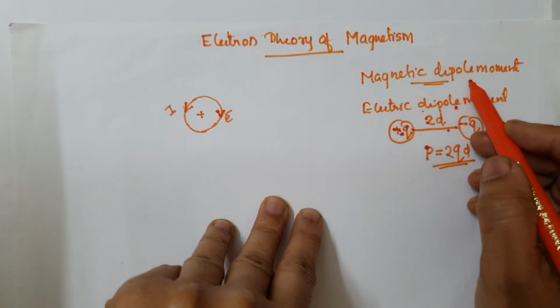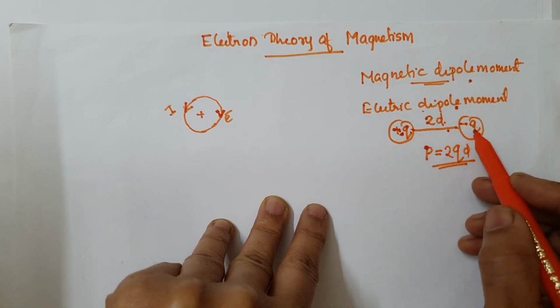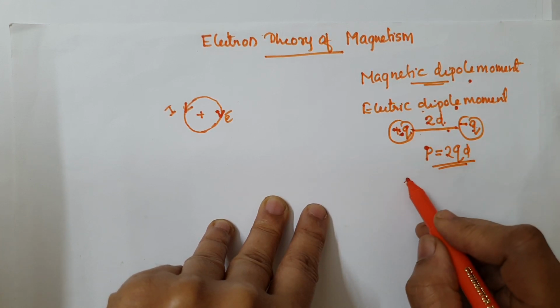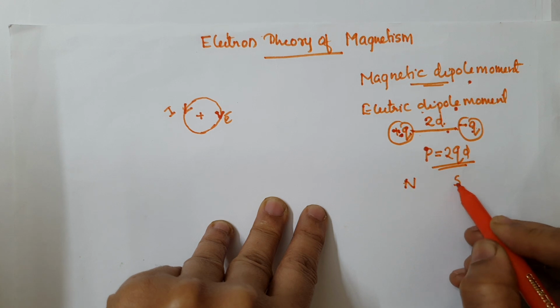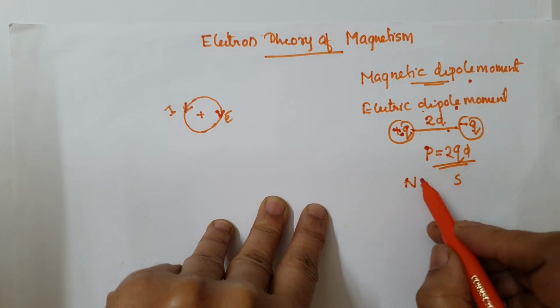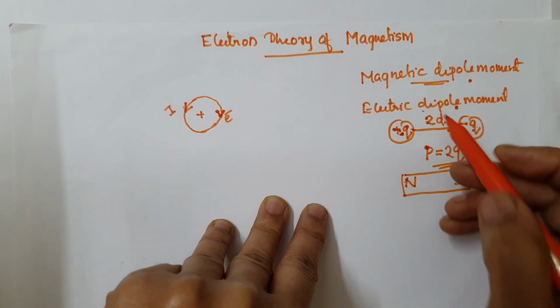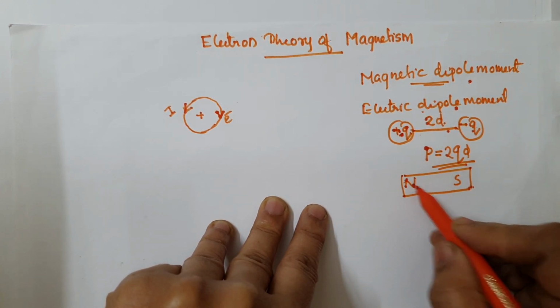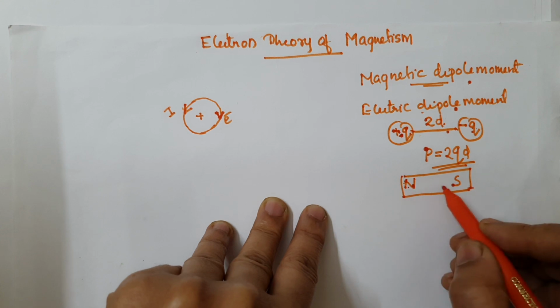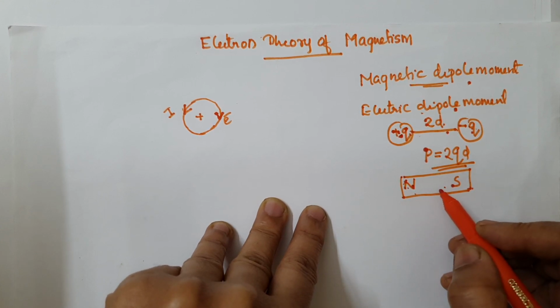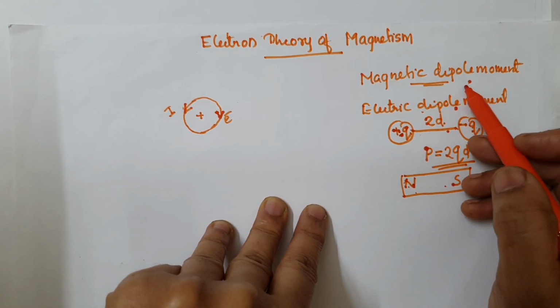Similarly, a magnetic dipole has two different poles separated by a distance. Simply, a bar magnet is a magnetic dipole: the north pole and south pole, two unlike poles separated by a distance, form a magnetic dipole.